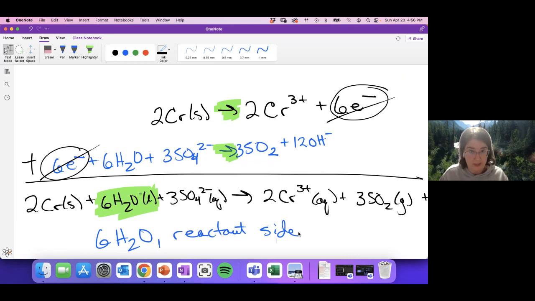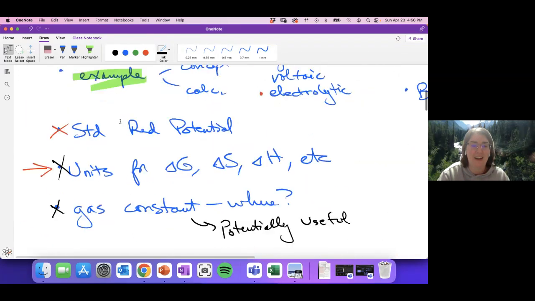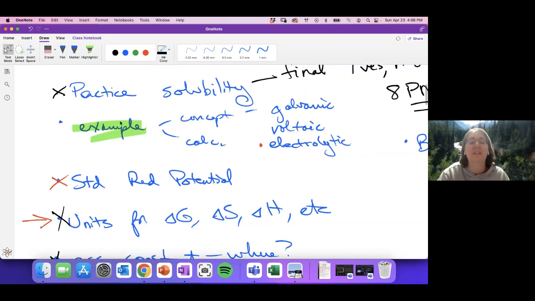So one of the other questions that was asked was about things like galvanic cells and doing some examples. So I think dealing with E-cell. So actually I'm going to scroll back up to double check what that question said. Example, conceptual and calculation, galvanic, voltaic, electrolytic.